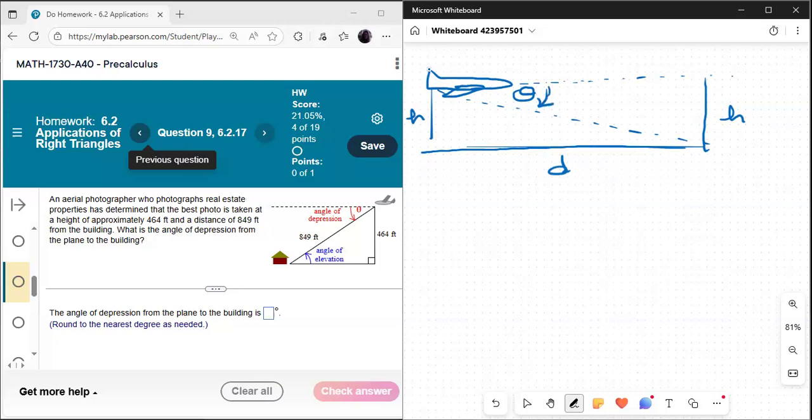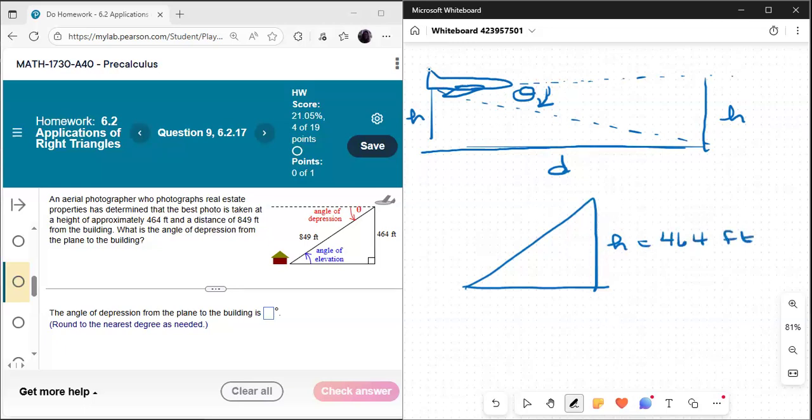So in this problem, we have our triangle showing the height, which is 464 feet. And normally you're going to have to draw the problem, but here they're doing you a favor and drawing it for you, but we will have to sketch many of these problems out. Let's see, we have a distance of 849 feet from a building to this photographer, this plane up here.